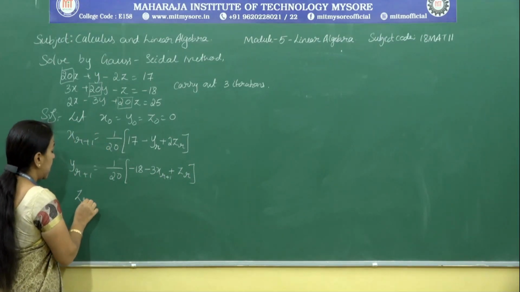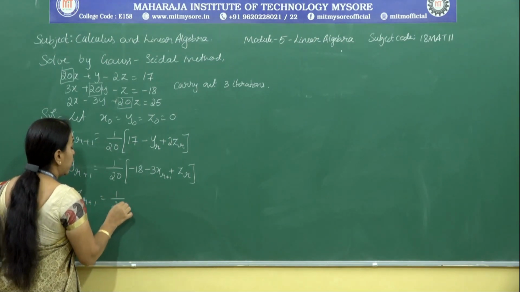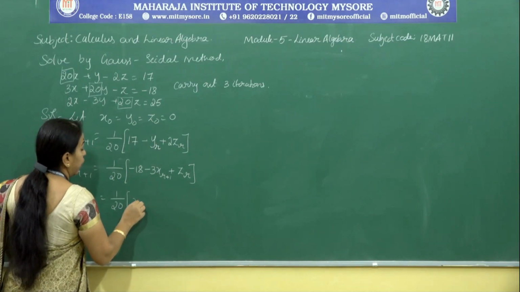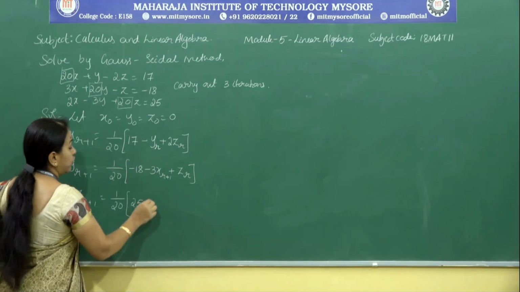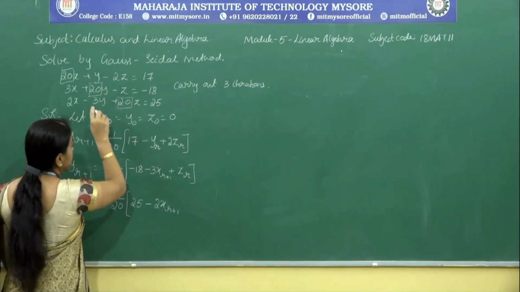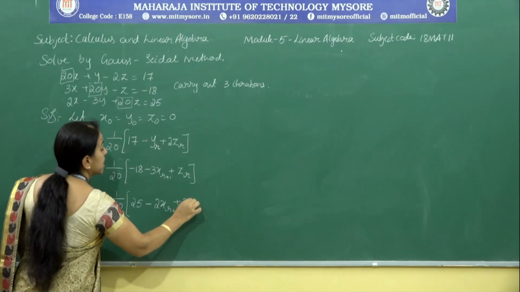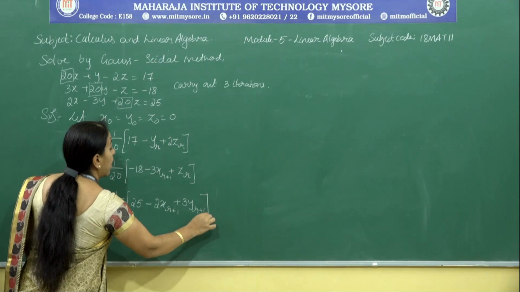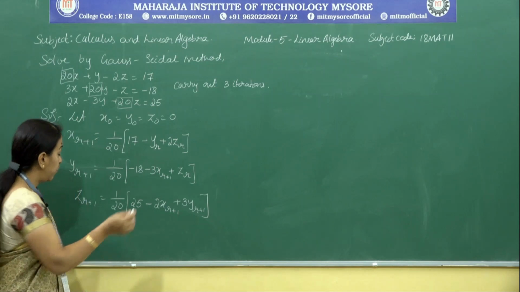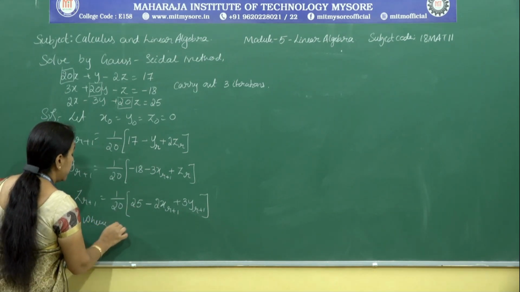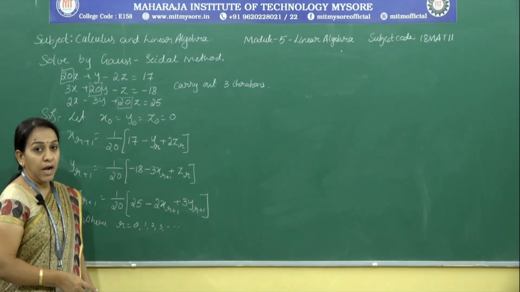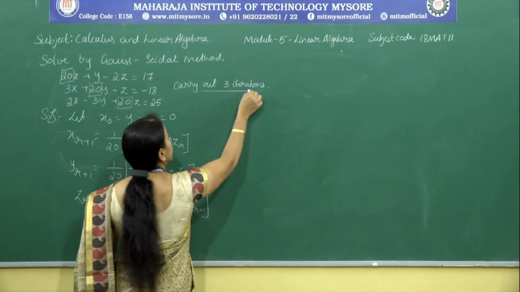And the last one, z(r+1), again we have the dominant element 20, so 1 by 20 into the RHS value 25, minus the x coefficient, which is 2 times x(r+1), and the y coefficient is minus 3, so minus of minus becomes plus 3 times y(r+1), is the z value, z(r+1) result, where r varies from 0, 1, 2, 3 and so on. And of course they have asked you to carry out 3 iterations.